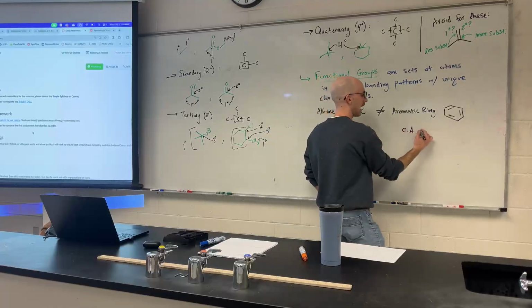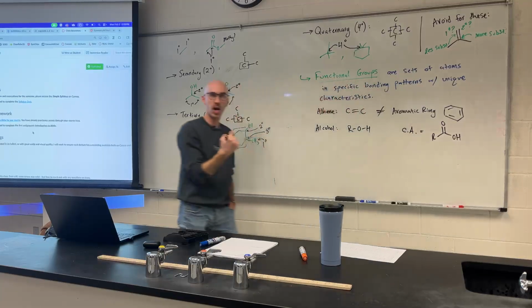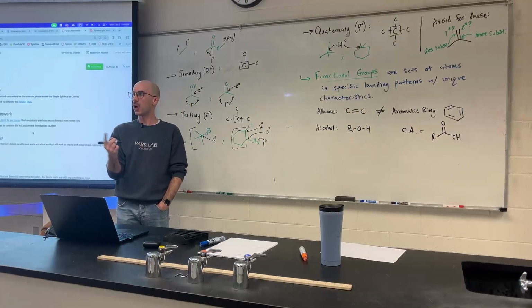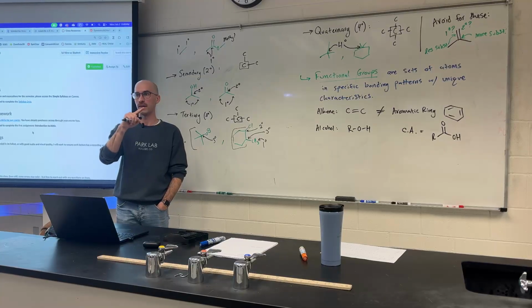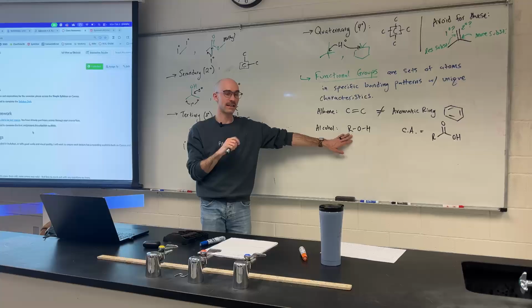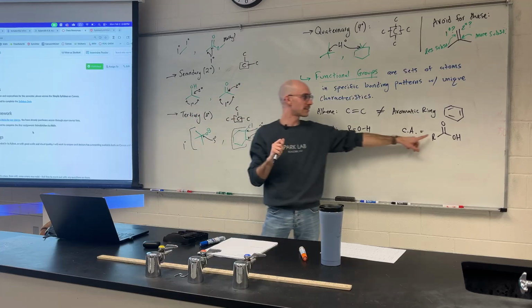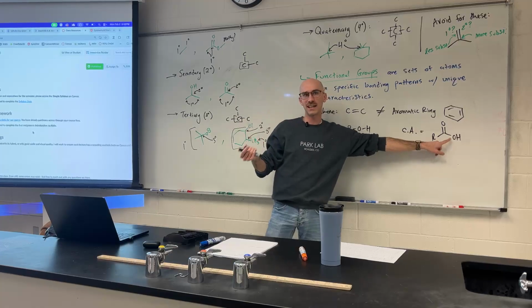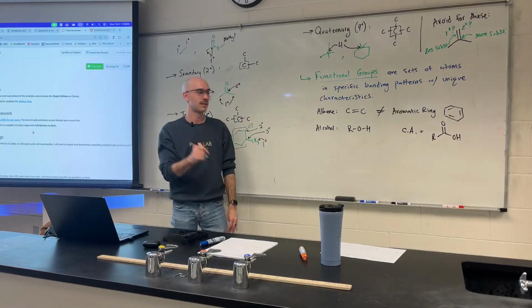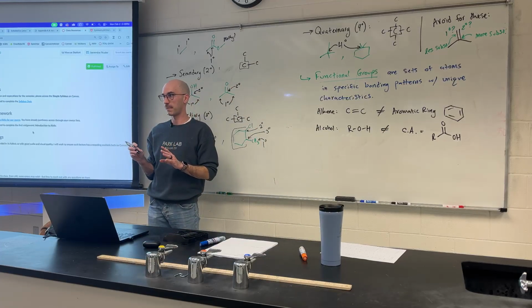A carboxylic acid also has an OH group, but that OH is bonded directly to a C double bond O, which means that in the case of the alcohol, R does not have a C double bond O. If R does have a C double bond O directly attached to the OH, then we have to represent it separate from the alcohol. So again, alcohols and carboxylic acids are not the same.